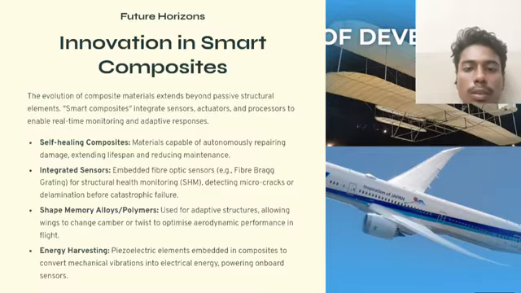Slide 8, future smart composites. Looking ahead, composites are evolving into smart materials. Some key innovations include self-healing composites, which repair micro cracks and extend their life; integrating fiber optics for real-time structural health monitoring; shape memory materials, which allow adaptive structures, like a wing that can change camber in flight; and energy harvesting components, which convert vibration into electrical energy.